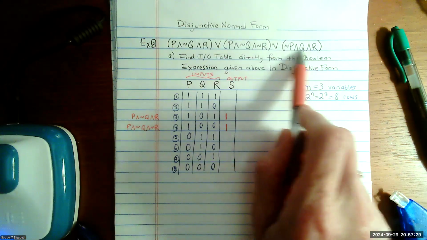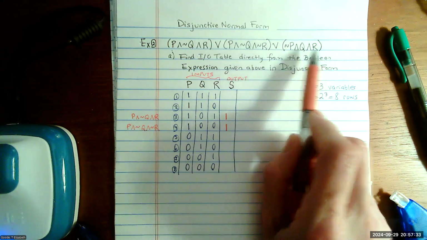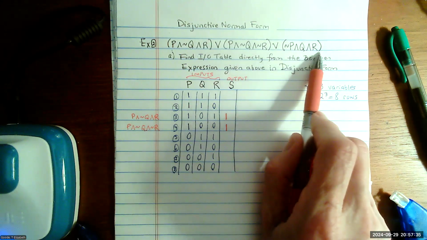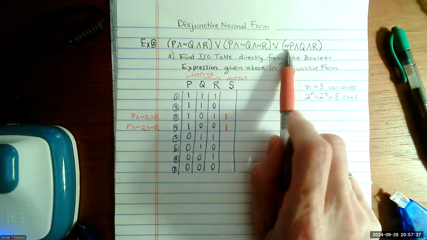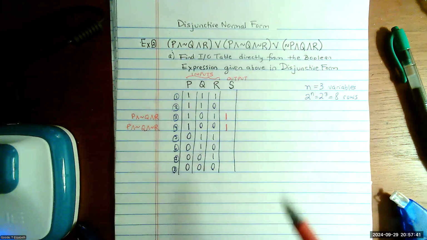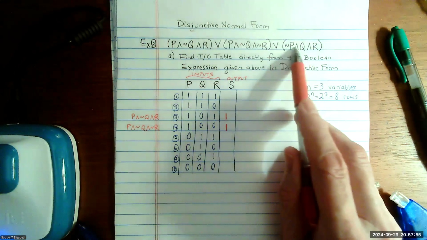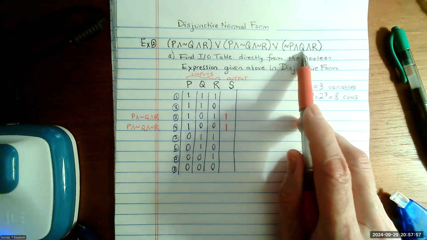All right, somebody besides Eli, what is the correct row for the input state that is expressed in this third component of this disjunctive normal form? Is that 5?